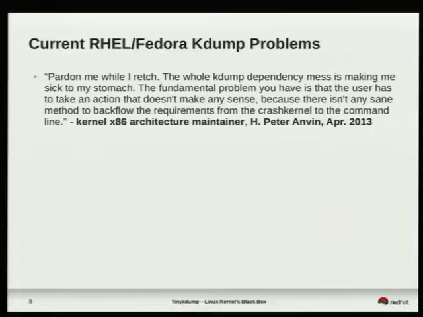You can reserve the memory either top down or bottom up, but it was not allowing you to reserve 128 megabytes of memory even if you had enough memory at boot time. So he tried to understand what the Fedora and RHEL Kdump memory requirement was, in order to fix it.